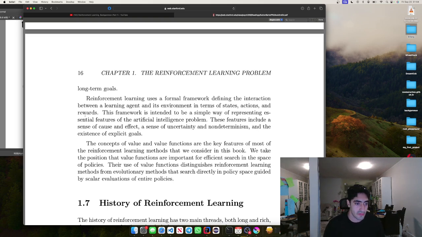These features include a sense of cause and effect, a sense of uncertainty and non-determinism, and the existence of explicit goals. The concept of value and value function are the key features of most of the reinforcement learning methods that we consider in this book. We take the position that value functions are important for efficient search in the space of policy. The use of value function distinguishes reinforcement learning methods from evolutionary methods that search directly in policy space guided by scalar evaluations of entire policies.